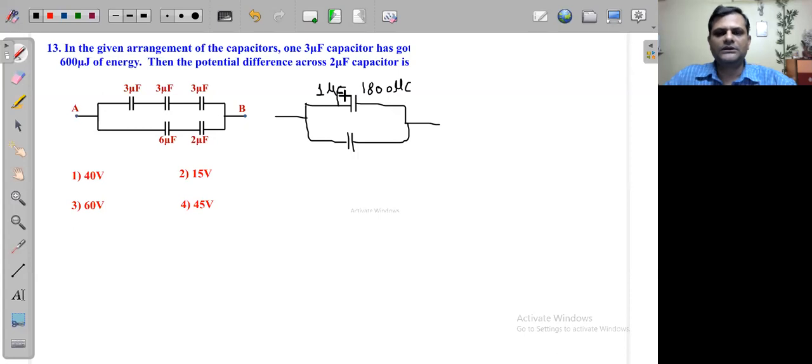Okay, so once we get this capacitance and energy, we can make use of the formula, that is half CV square. The energy stored in any capacitor is always equal to half of C into V square, correct है? तो अगर हम ये use करेंगे तो इसमें से हमको V मिल सकता है.